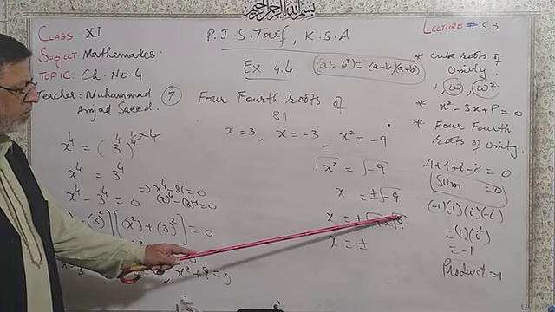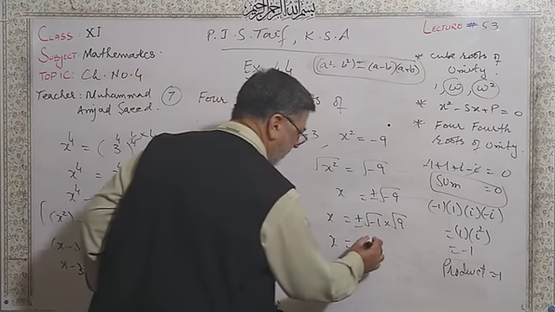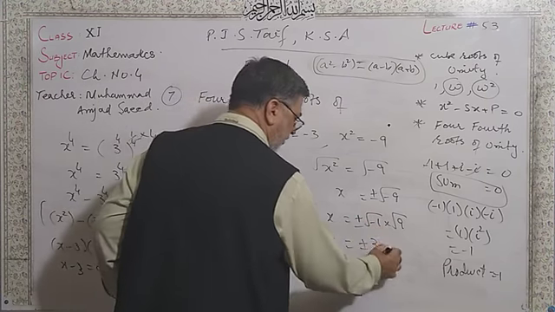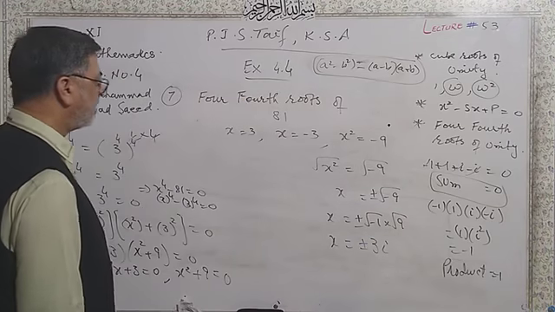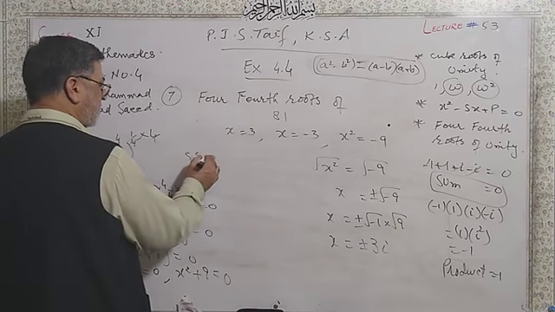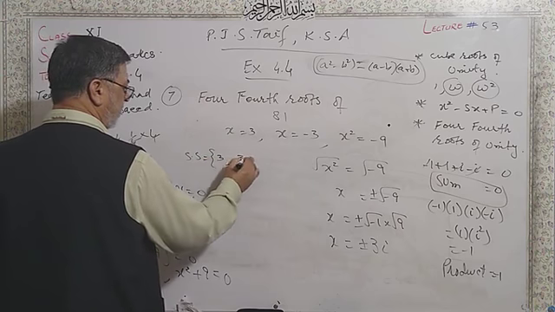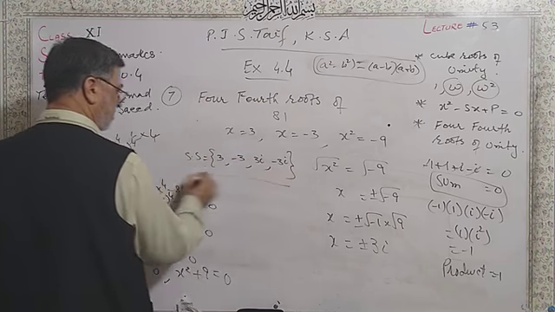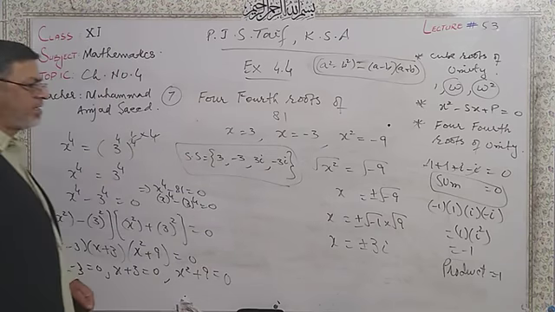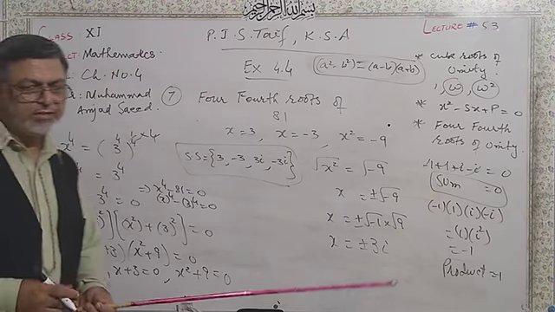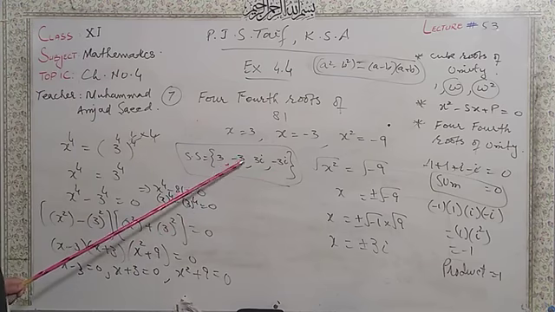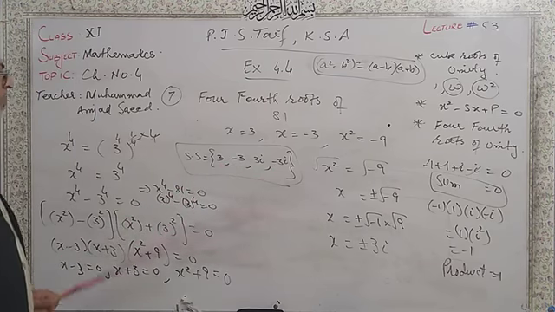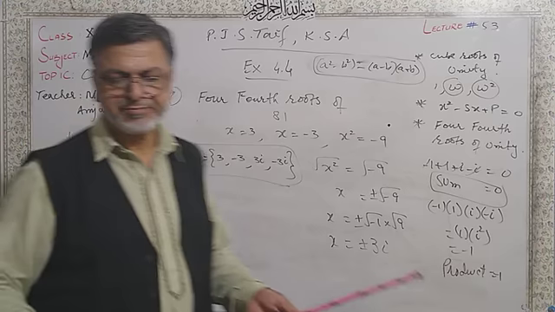And what about 9 under root? This is 3. And minus 1 under root is iota. So dear students, you have solution set 3, minus 3, plus 3 iota, minus 3 iota. That is your solution set of this question. These are fourth roots of 81.